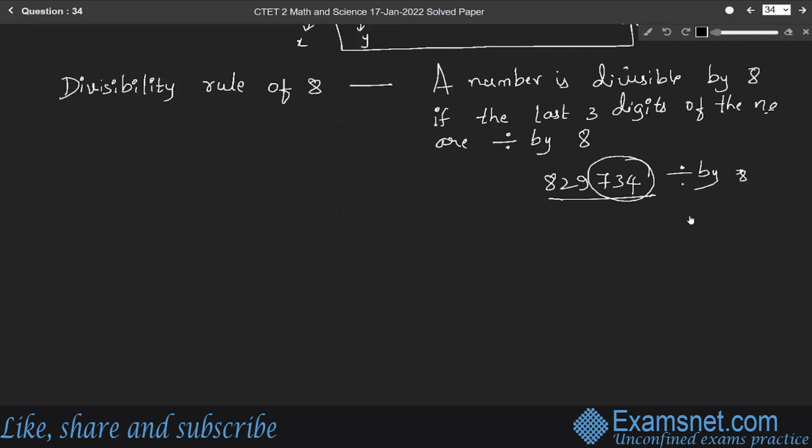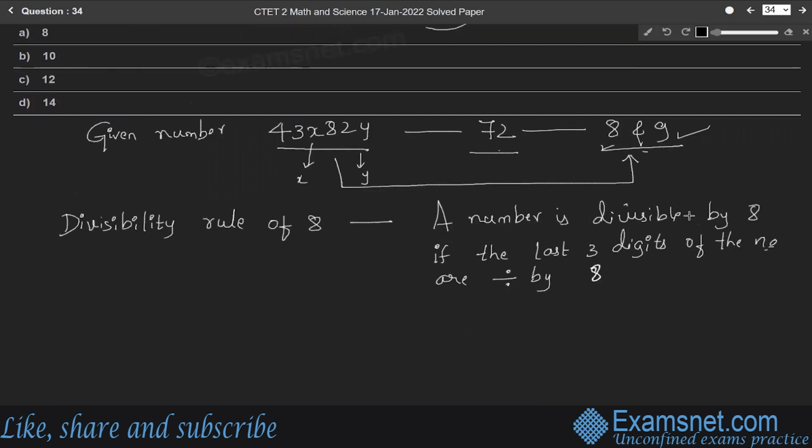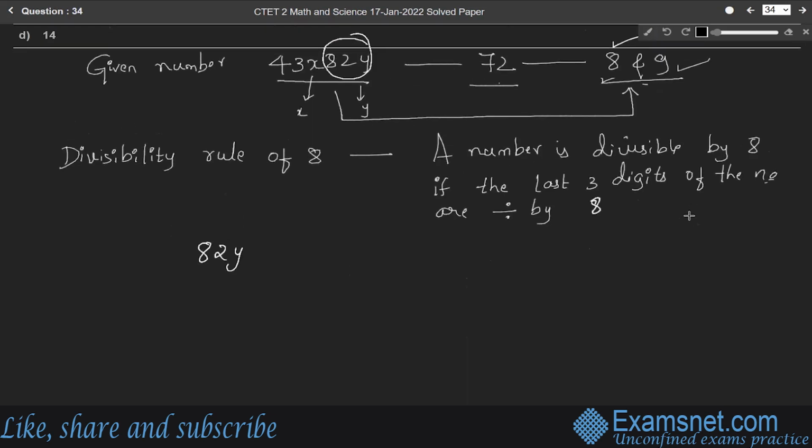Okay, therefore what are the last three digits here? 82y. Since the number is divisible by 8, therefore 82y is divisible by 8. Therefore, what is the value of y here?